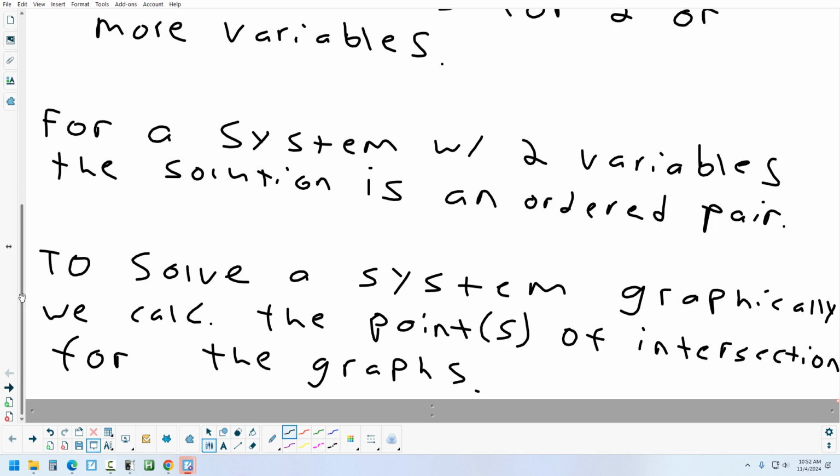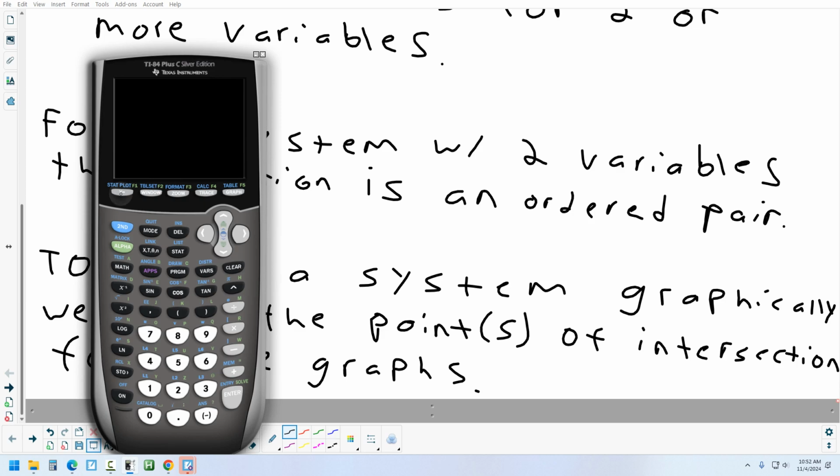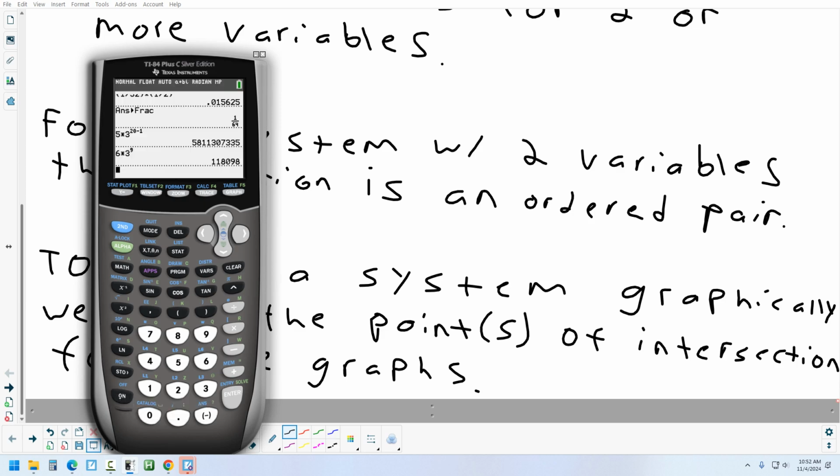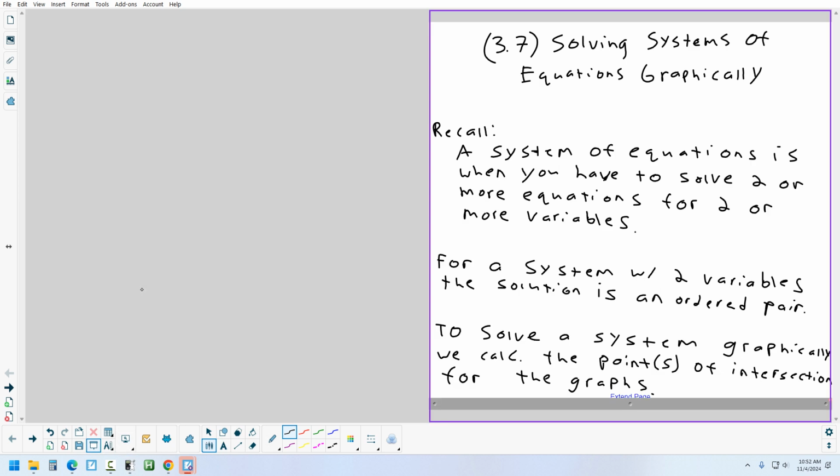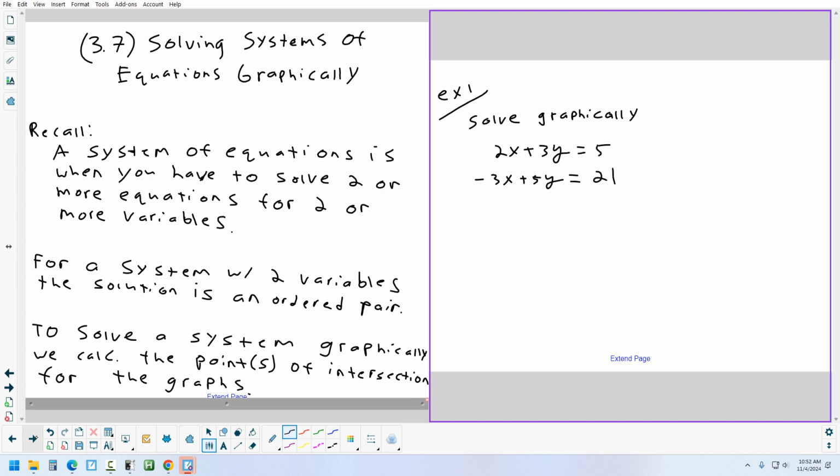Also, when you type a problem in on the calculator, what letter has to be by itself on the left-hand side for you to type it in? Y. Has to get y by itself. If y is not by itself, we need to fix it. All right, so let's take a look at our first question.